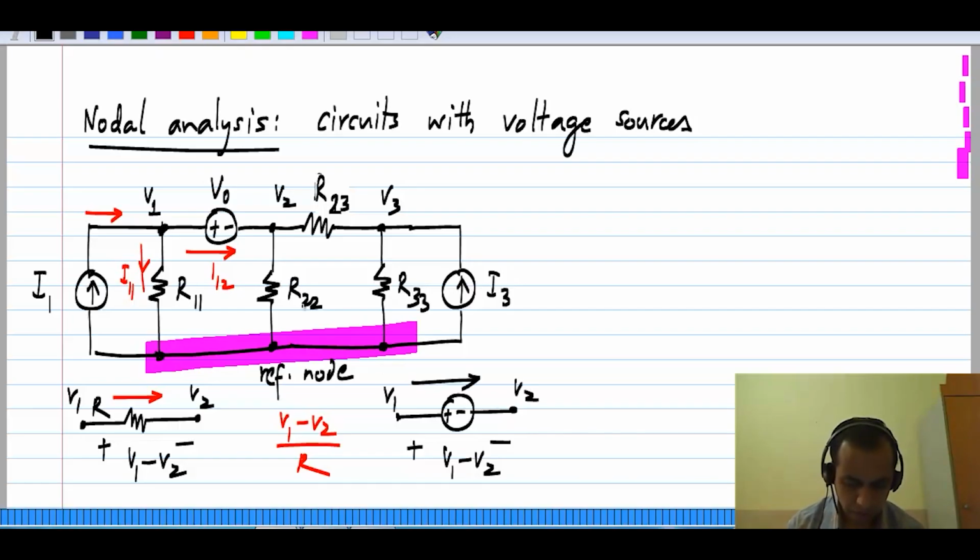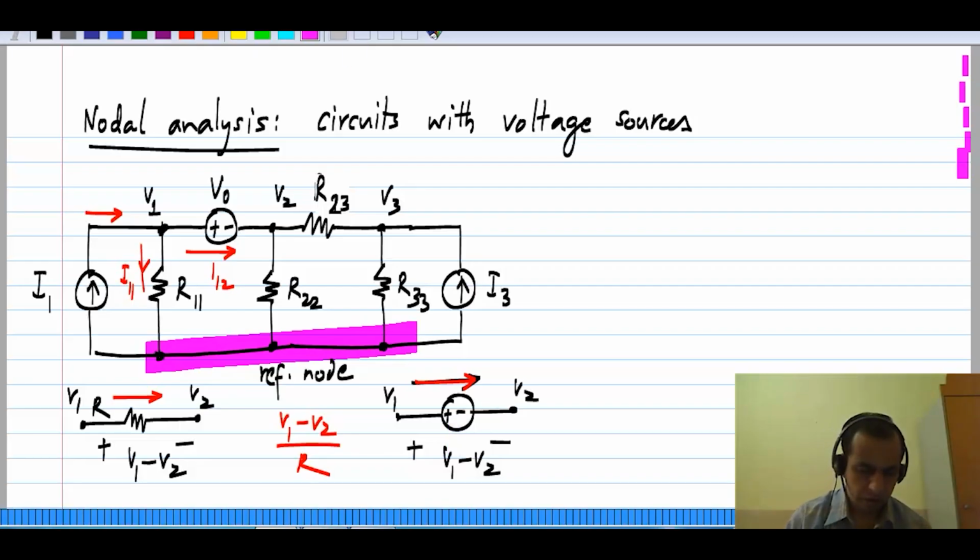Now there is no relationship between this current here through the voltage source and the voltage across the voltage source. In fact, the definition of the voltage source is that it maintains a given voltage regardless of what current is flowing through it. So you cannot determine the current through a voltage source from the voltage of the voltage source. Okay. The current in a voltage source is determined by whatever it is connected to, external constraints.